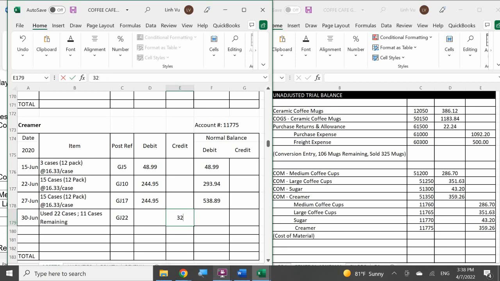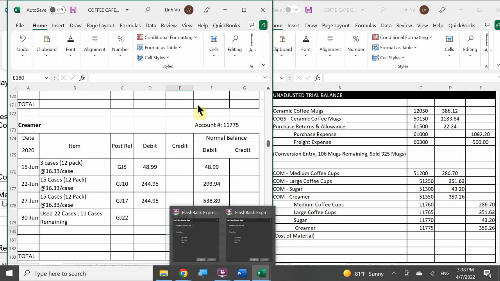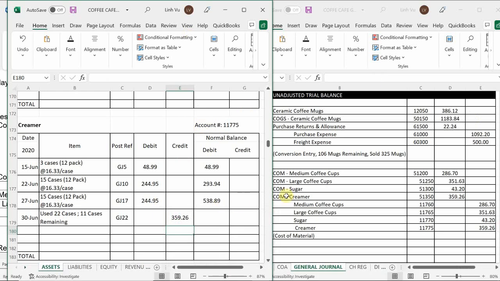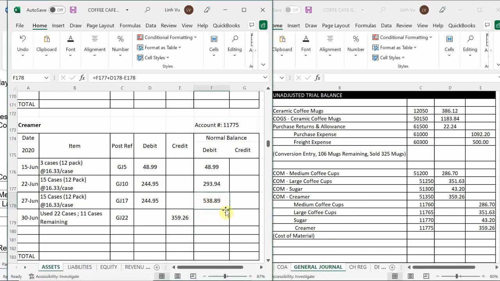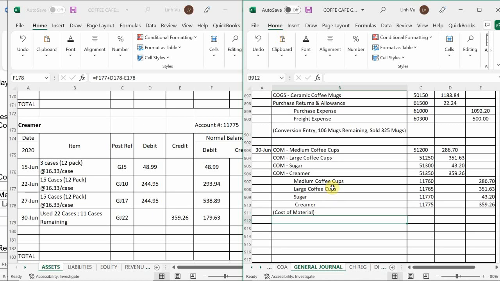So what should be my ending balance? $179.63. Okay, good.